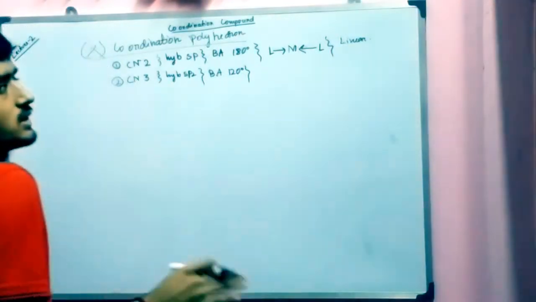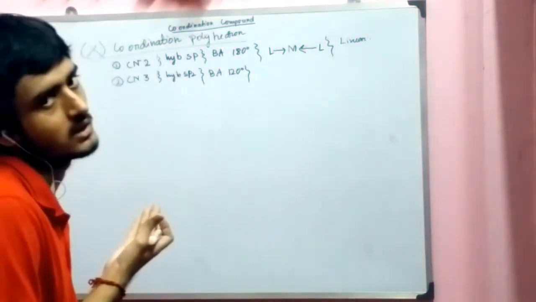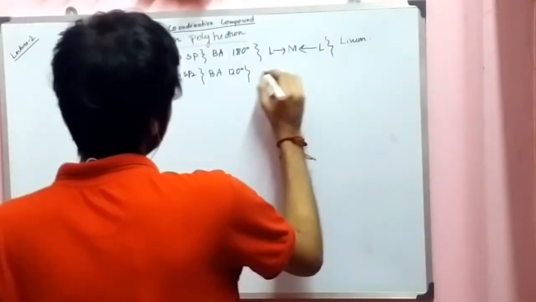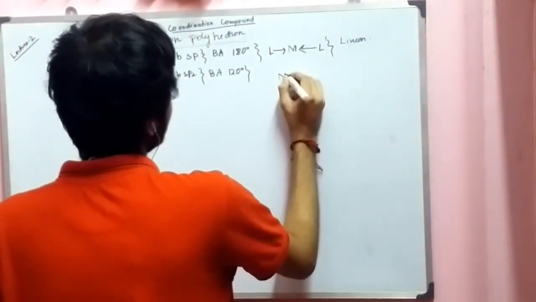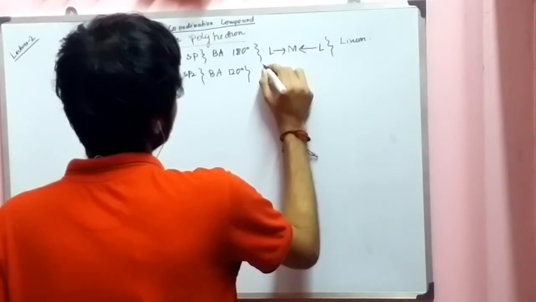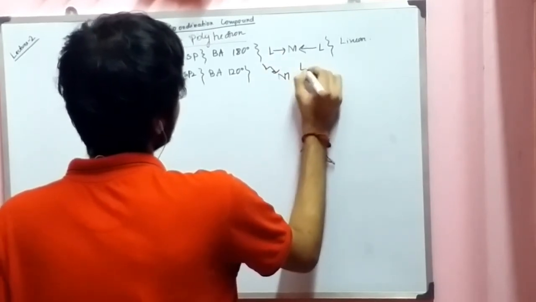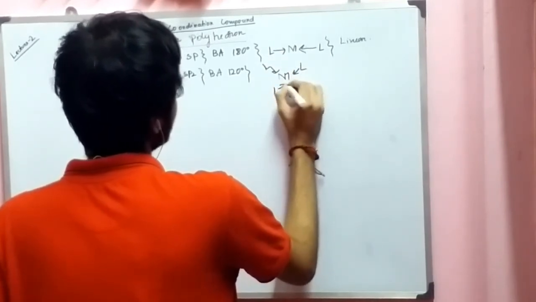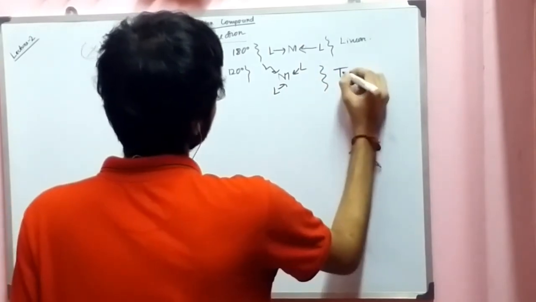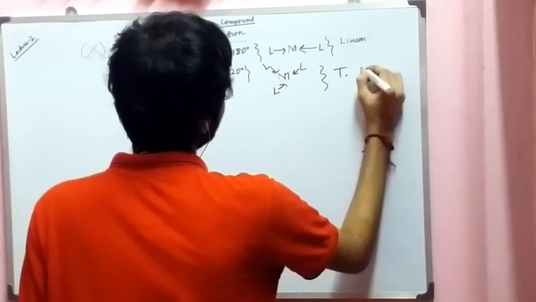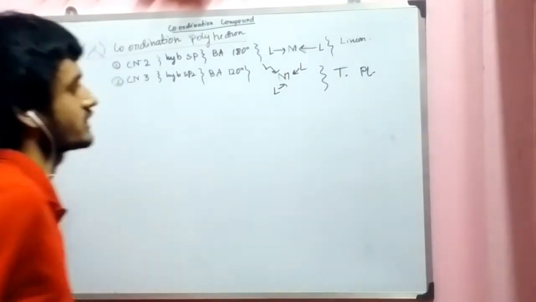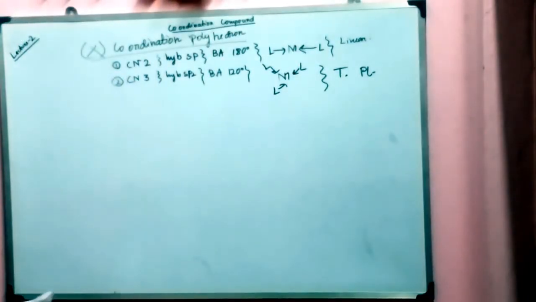I am just revising the chemical bonding here, nothing else. So metal, ligand, it is trigonal planar structure here.